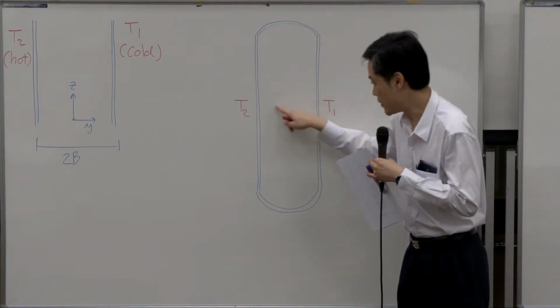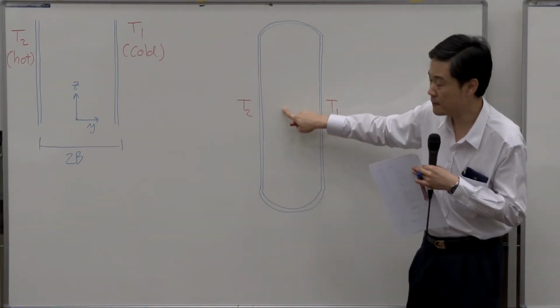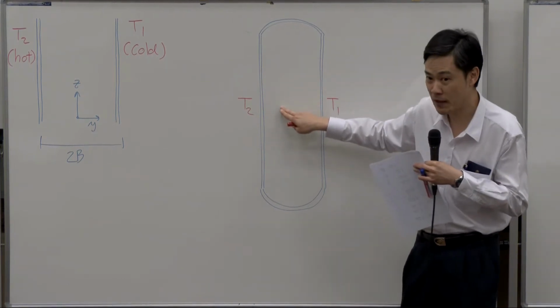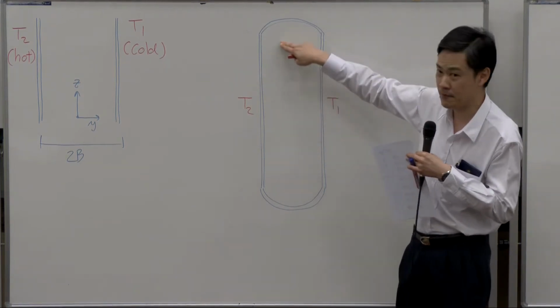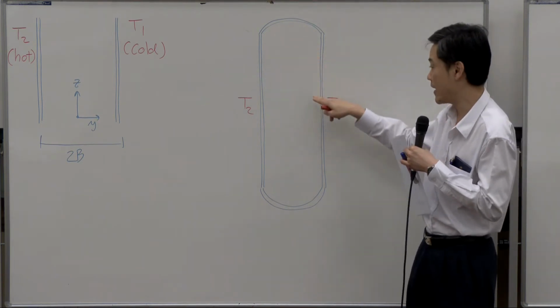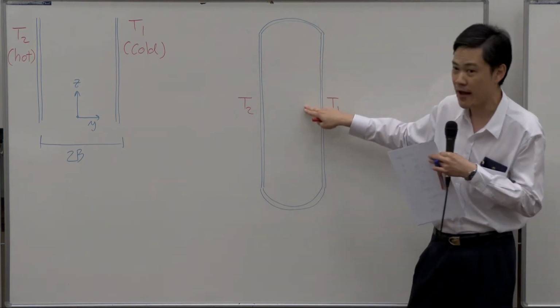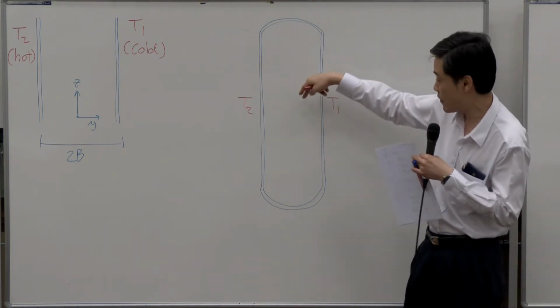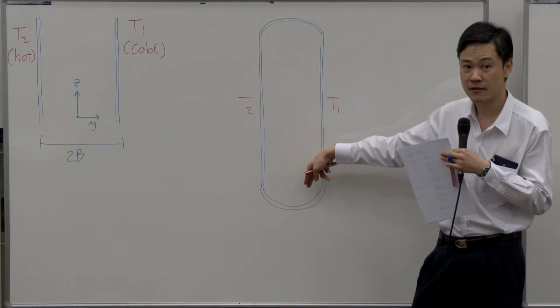In the same manner here, hot fluid should have high temperature so that the density will be lower and it moves up. On the other hand, cold fluid here should have higher density with respect to fluid on the left-hand side. So therefore, it sinks.